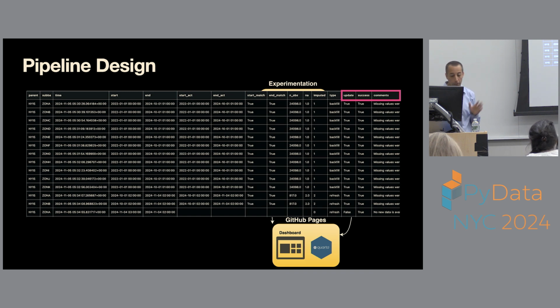This is a very fundamental concept when you're building a pipeline: take logs. It's important because things will break at some point, so you want to be able to identify it as fast as possible and go fix it.